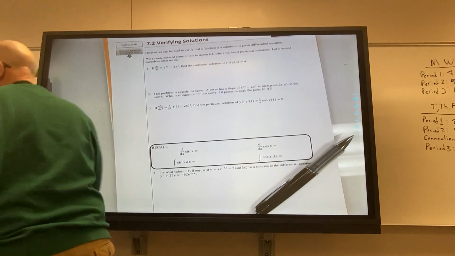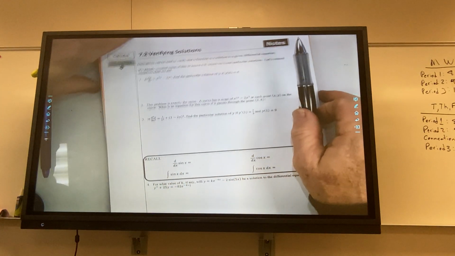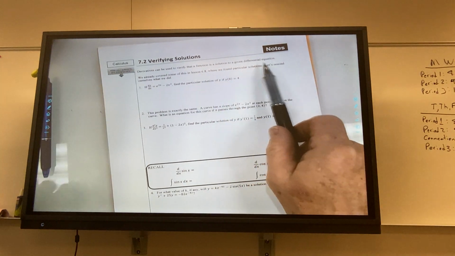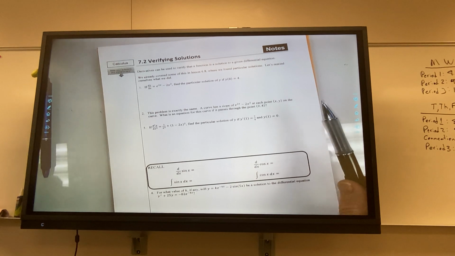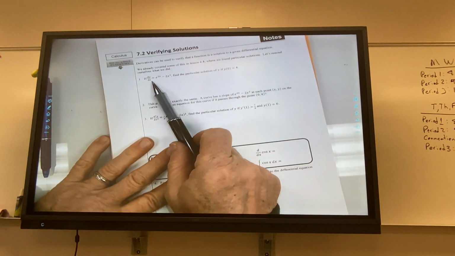All right, so verifying solutions simply is a method that derivatives can be used to verify the function is a solution to a given differential equation. So let's take a look at this particular one.